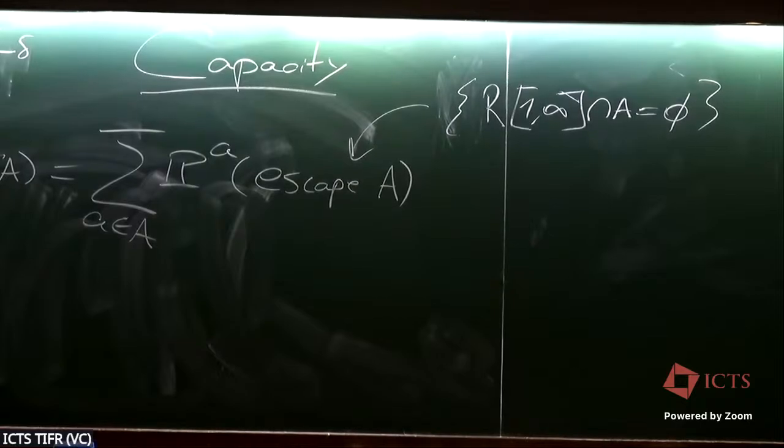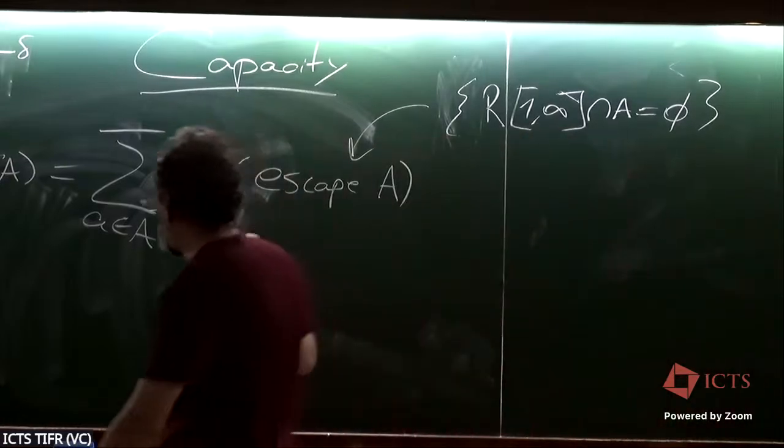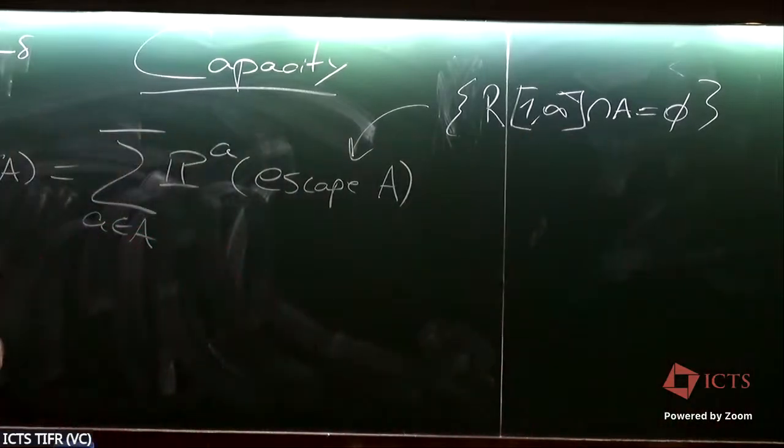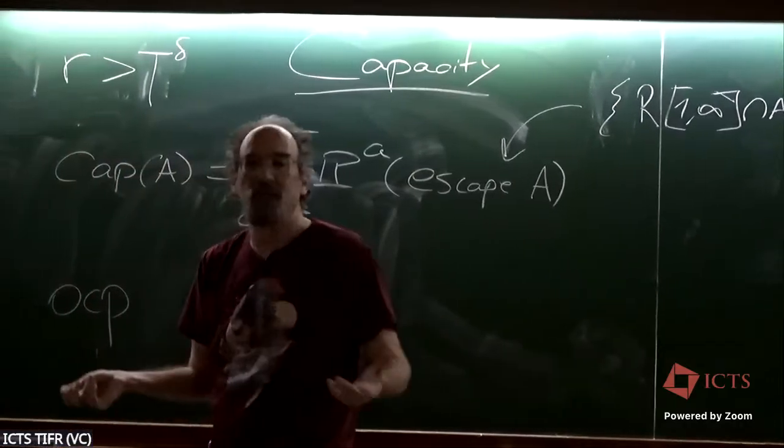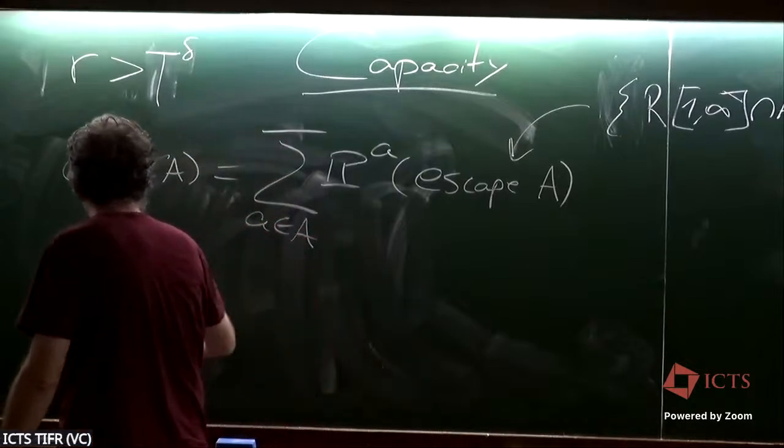Okay, great. So this is a classical object, but what we'll study is, of course, the once capacity, the capacity with respect to once reinforced random walk, which we define in a similar way.